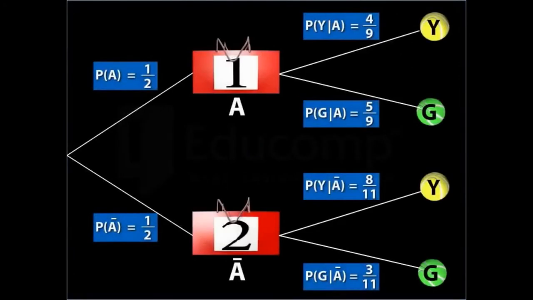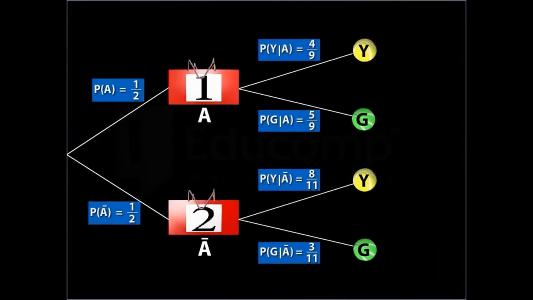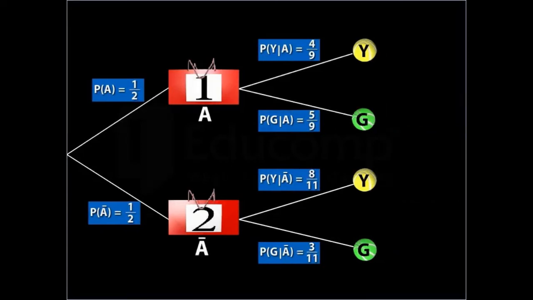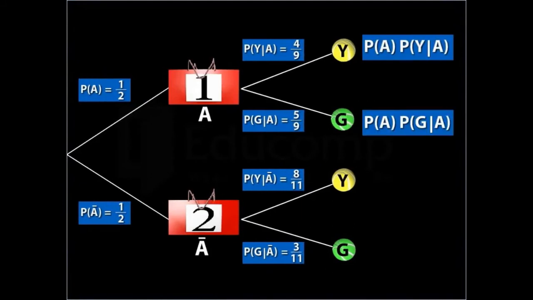The diagram has 4 different branches. The 4 different branches represent 4 mutually exclusive events, that is, the events cannot occur simultaneously. At the end of these branches, we always multiply across all the probabilities.